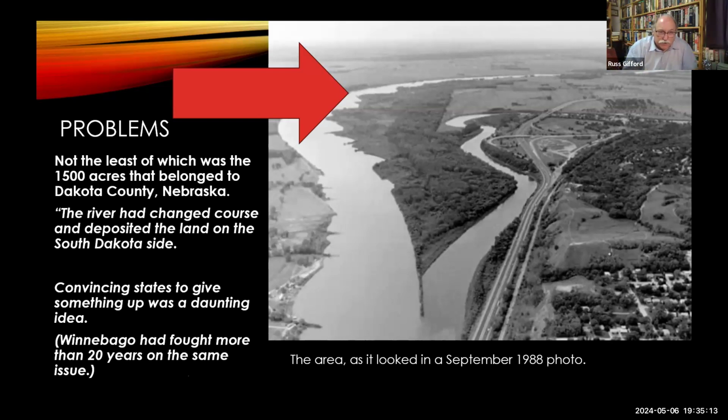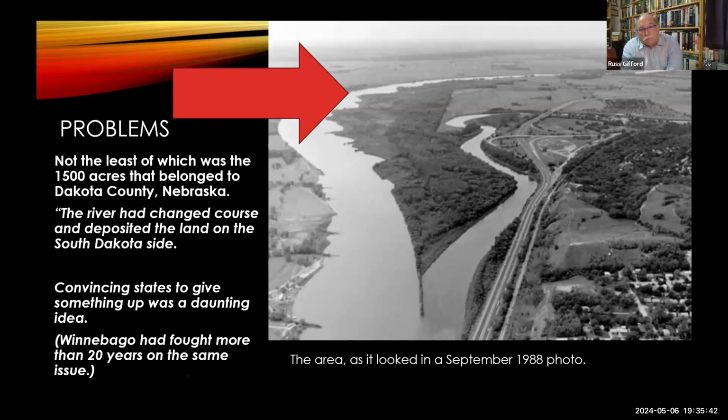And I want you to remember something. Convincing states to give up something is a daunting idea. Some of you are old enough to remember, the Winnebago Native tribe would fight this through the 1960s because of a change in the course of the river that had deposited a chunk of their reservation on the Iowa side, and of course that's how you get WinnaVegas too.